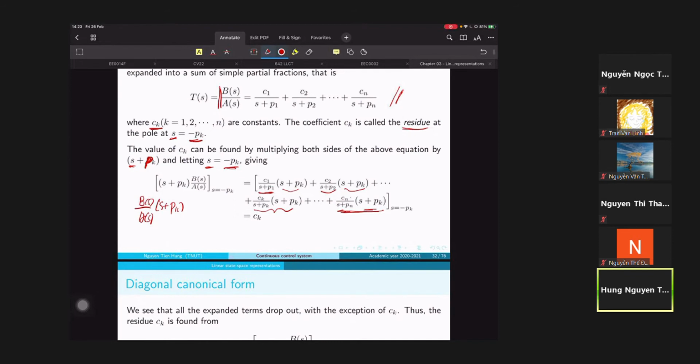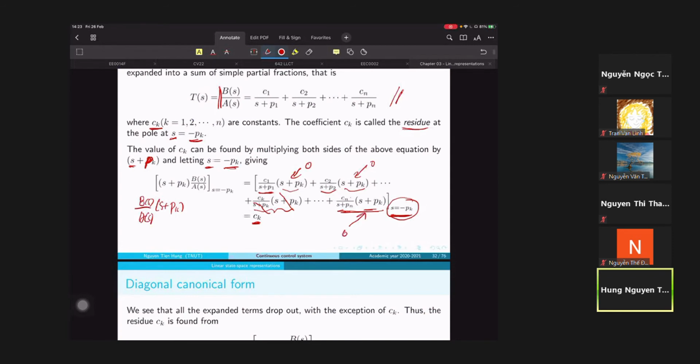And now we let s equal to minus Pk. By this, we can eliminate this and eliminate this, and we got Ck. For the other components, because s equals minus Pk, this is 0, this is 0, and this also 0.